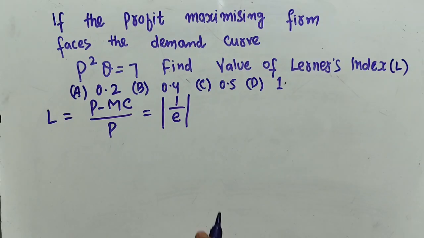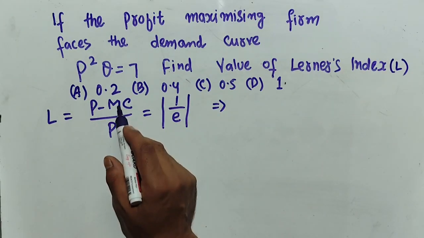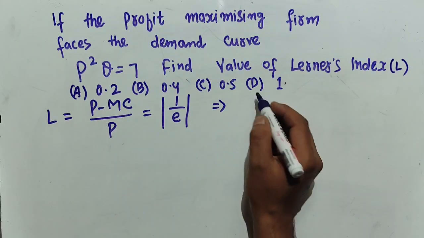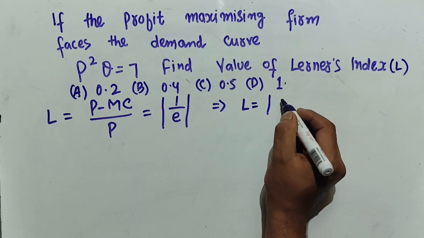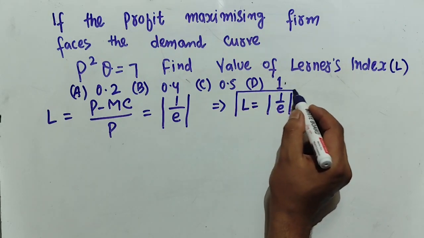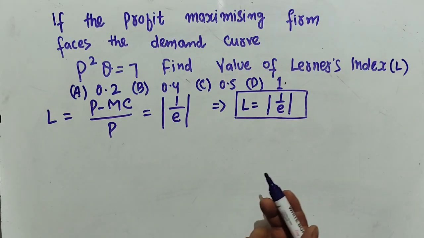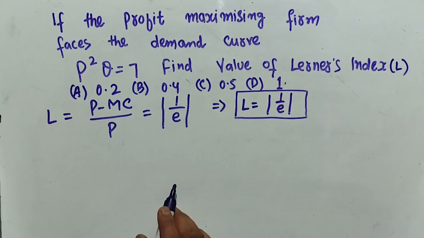Since no marginal cost is given, let us solve it so that L is equal to 1 upon E. That means Lerner's index is inversely related to the elasticity of demand. So we need to find out the elasticity of demand here.